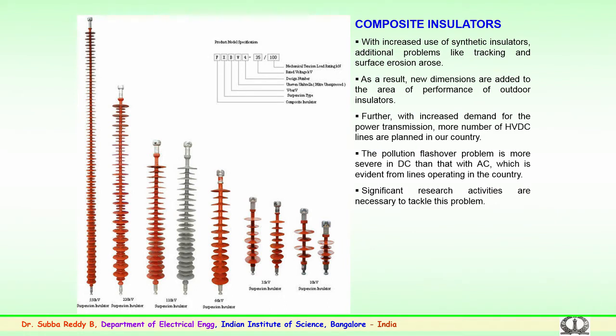With increased use of synthetic or composite type insulators, the utilities are facing additional problems, particularly tracking and surface erosion. As a result, an entirely new dimension is being added to the area, particularly pertaining to the performance of these composite or polymeric insulators which are being used as outdoor insulation in transmission systems.